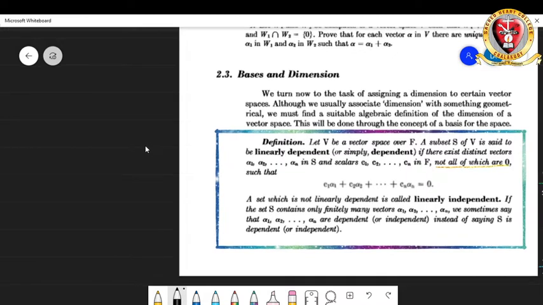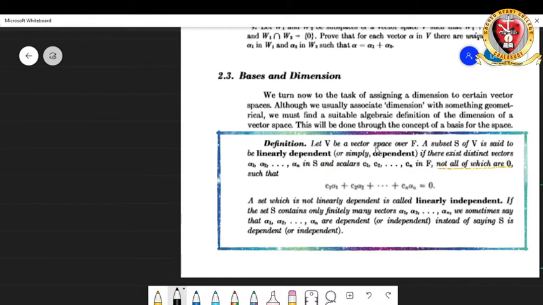Suppose we have a vector space V defined over a field F. A subset S of V is said to be linearly dependent if there exist distinct vectors alpha 1, alpha 2, etc., alpha n in S, and some scalars C1, C2, etc., Cn in F, not all of which are 0, such that the equation C1 alpha 1 plus C2 alpha 2 plus etc. plus Cn alpha n is equal to 0 is satisfied.